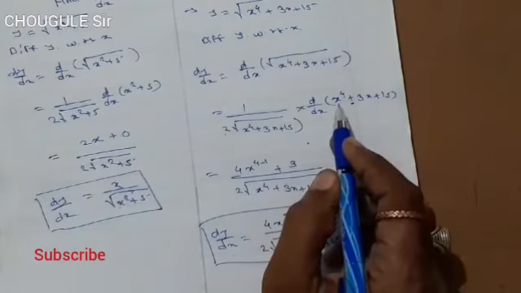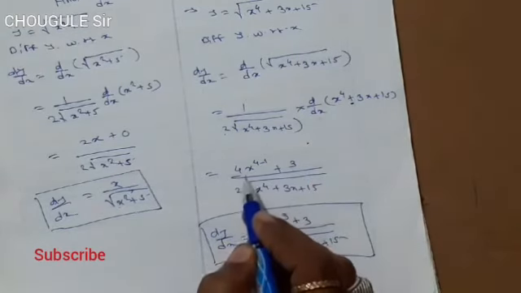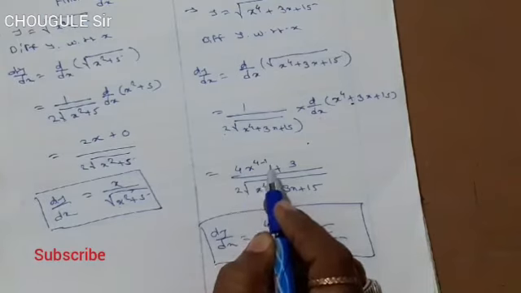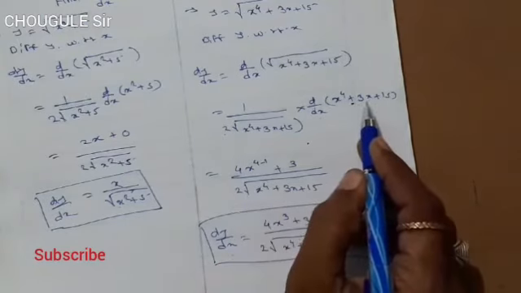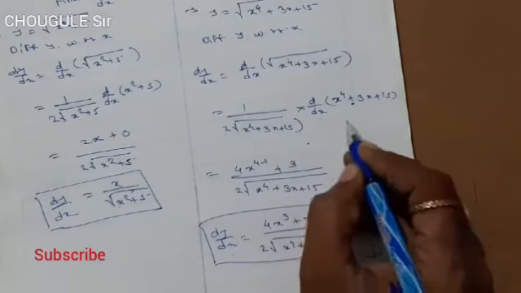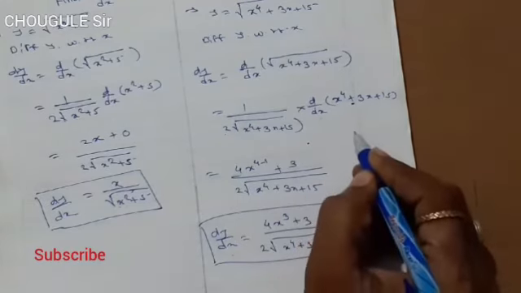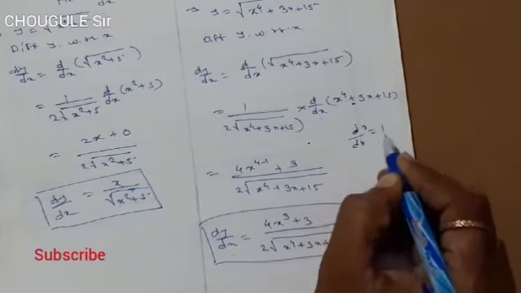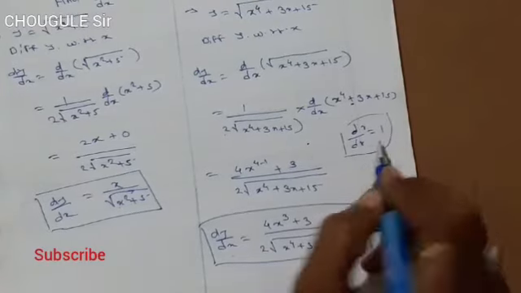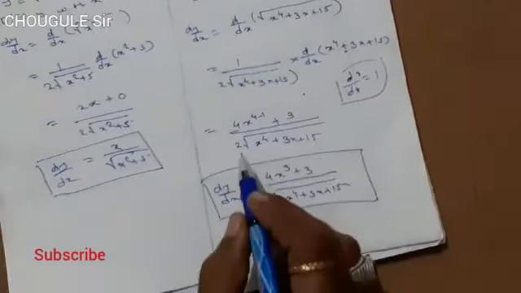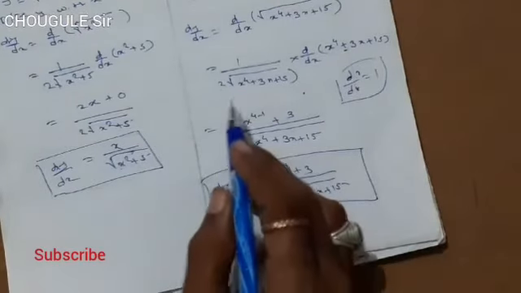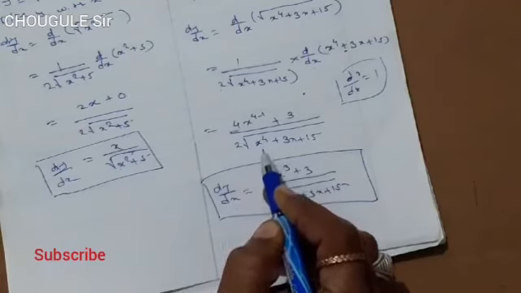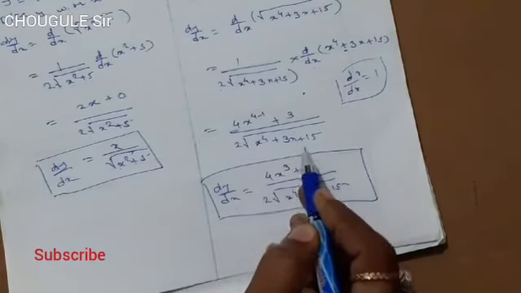First, x raised to the power 4 gives the derivative 4 into x to the power 4 minus 1, and the second derivative will be 3x. The derivative of x will always be 1, so 3, and putting it divided by 2 under root x to the power 4 plus 3x plus 15.